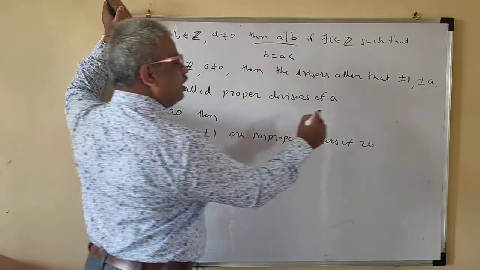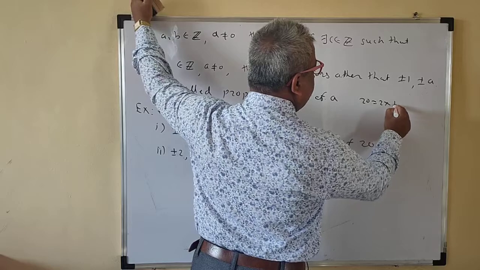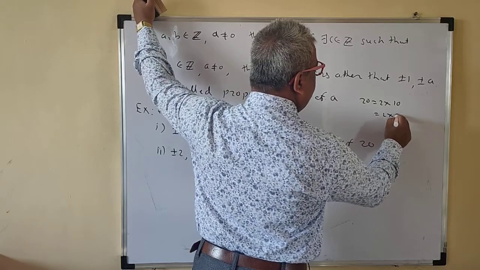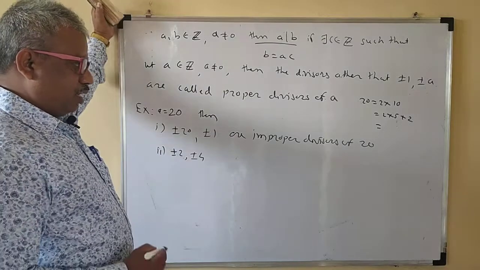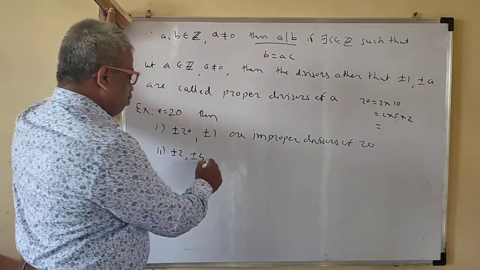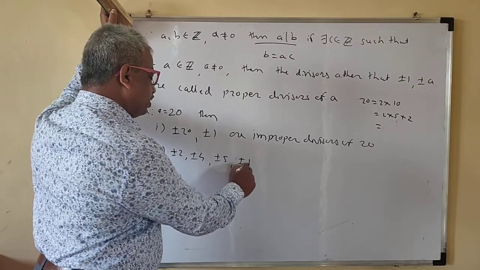So how can we write 20? You can write 20 as 2 into 10, so 2 into 5 into 2. So plus or minus 5 is also there, then plus or minus 10.